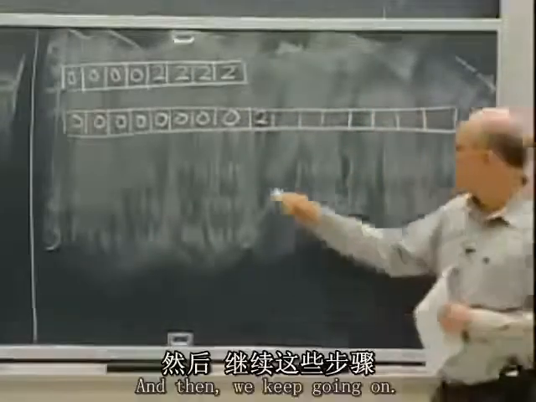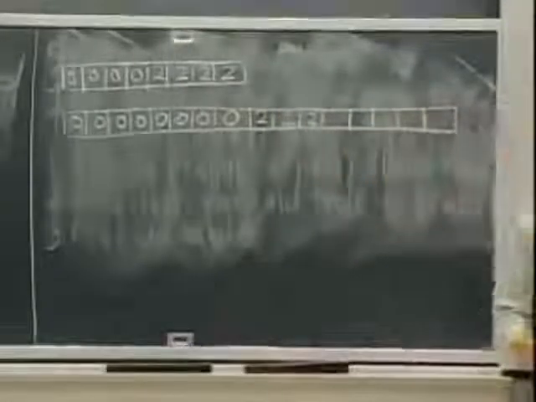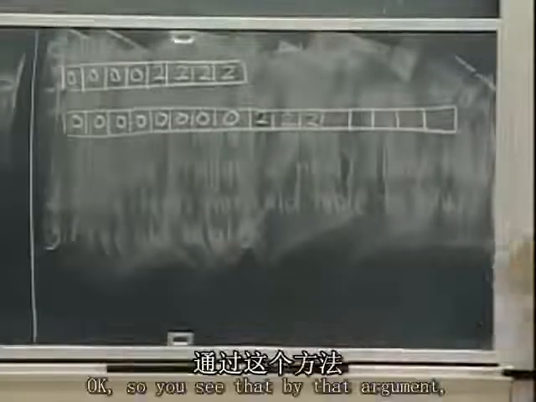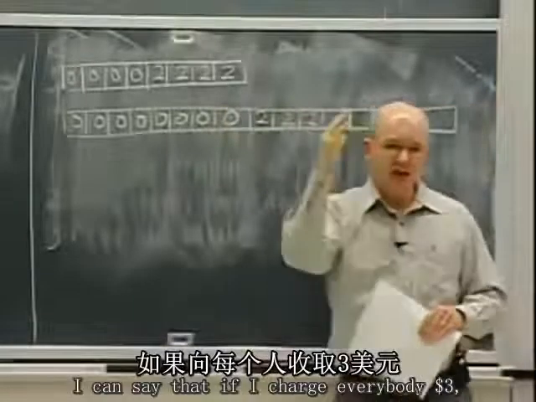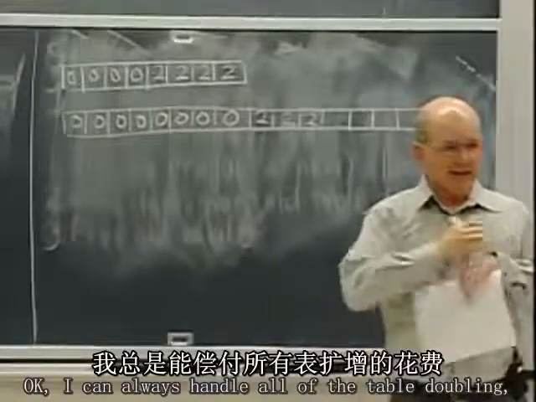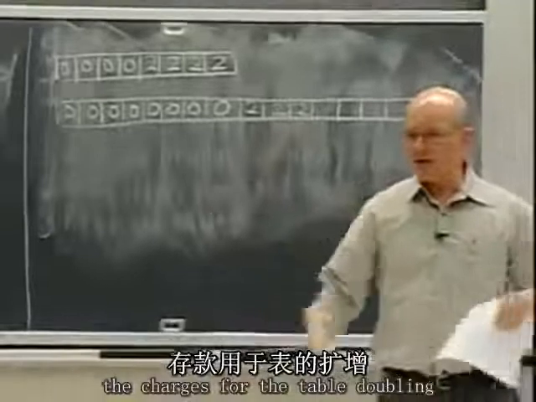And then we keep going on, etc. So you see that by that argument, I can say that if I charge everybody $3, I can always handle the charges for the table doubling.